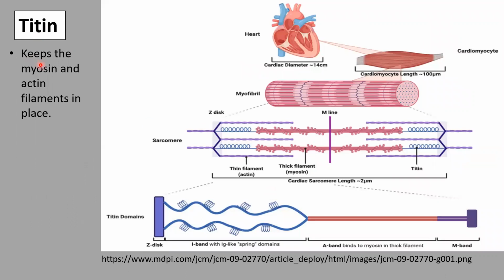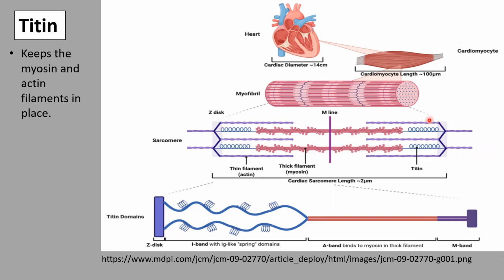So titin keeps the myosin and actin filaments in place. This is one of the largest proteins of our body, and it holds the myosin to the Z disc, and in another way it holds the actin filament to the Z disc. It is a springy, elastic protein. While the muscle contracts, the Z discs come together and shortening occurs. This is the spring, and the myosin helps in the contracting, and the shortening of the muscle occurs.